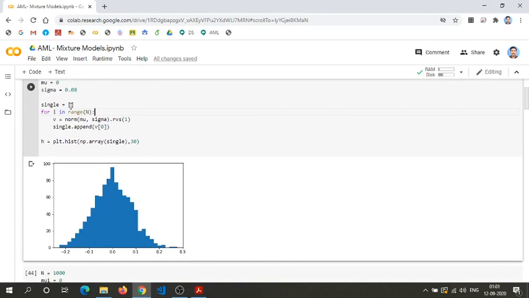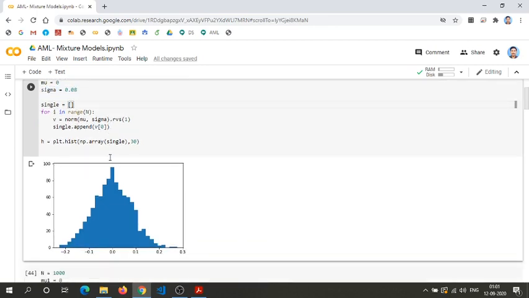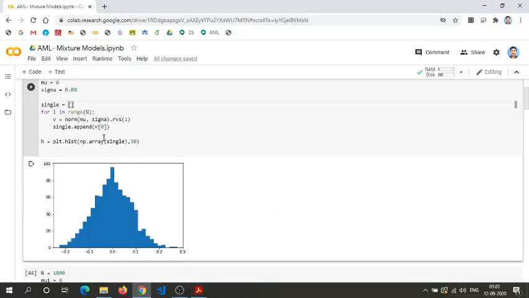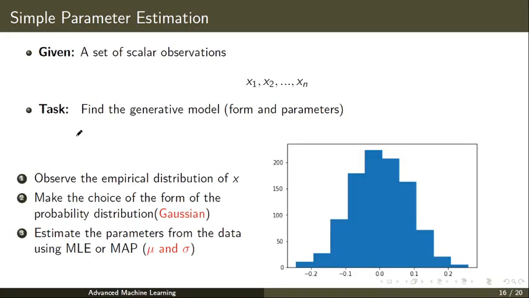There, we were given the parameters: mu is given, sigma is given. Then we generated this data, these 1000 data points. Now you are asked to find the opposite: this data is given to you, and you would like to identify the form. This is a normal distribution, something like that, and if it is a normal distribution, what are mu and sigma.